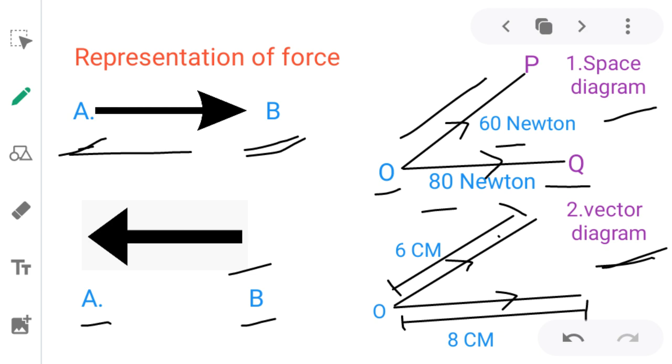This force representation is very important because it is a vector quantity having both magnitude and direction. The length of the line gives the magnitude, and the direction is given by the arrow mark. In this way we can represent the force, and we can calculate the resultant force by using these arrow marks and the magnitude of the force given in the problems. So thank you. Thanks for watching.